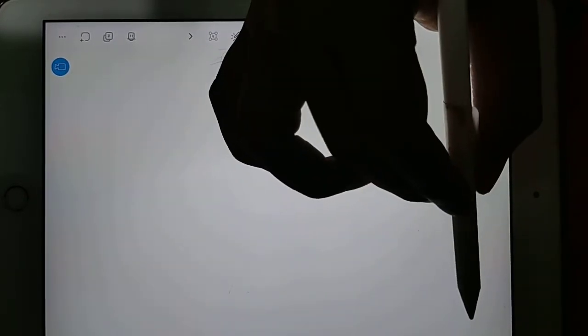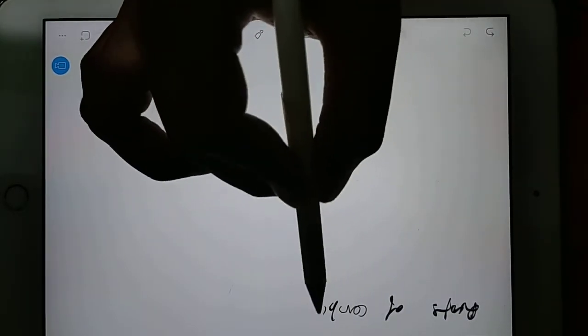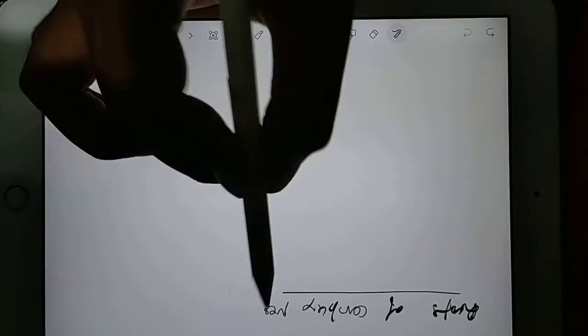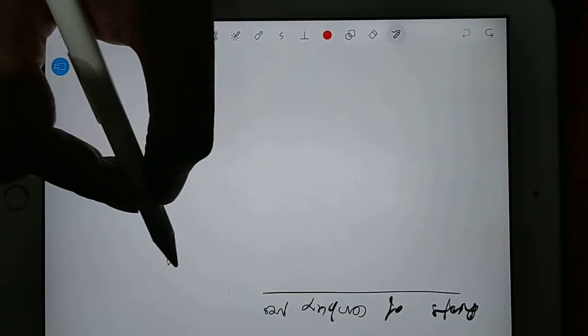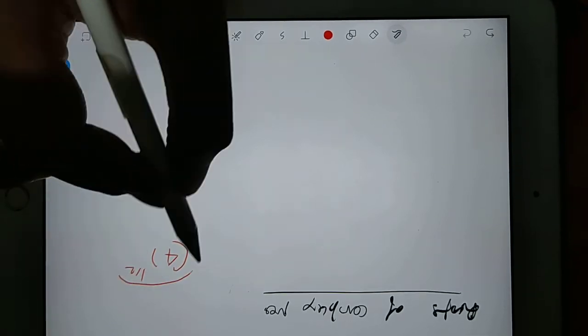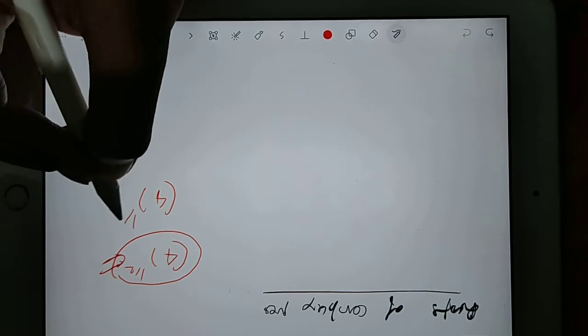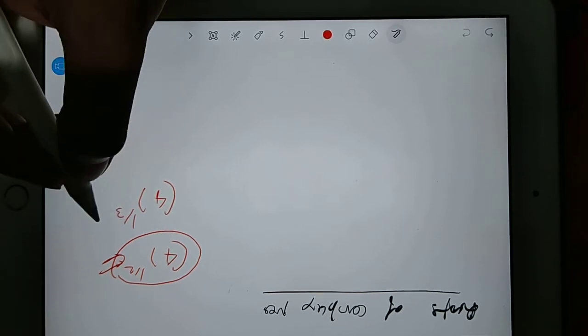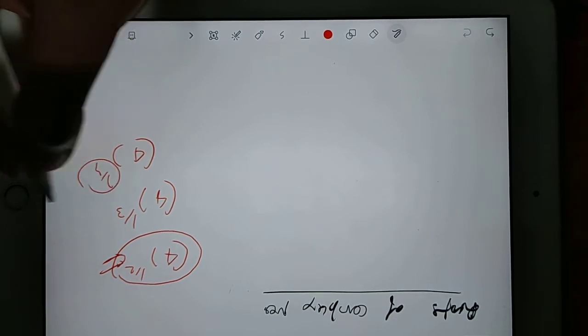I'll change the page. Take down the heading as roots of complex numbers. Now what is this here? Actually, suppose I have 4 here, and if I write power 1 by 2, it means I am going to find the square root. If I have 4 here and I write 1 by 3, I am going to find the cube root. If I write 1 by 4, the fourth root.